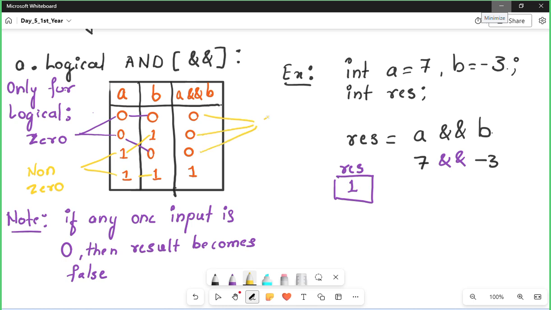But the results are always true or false.